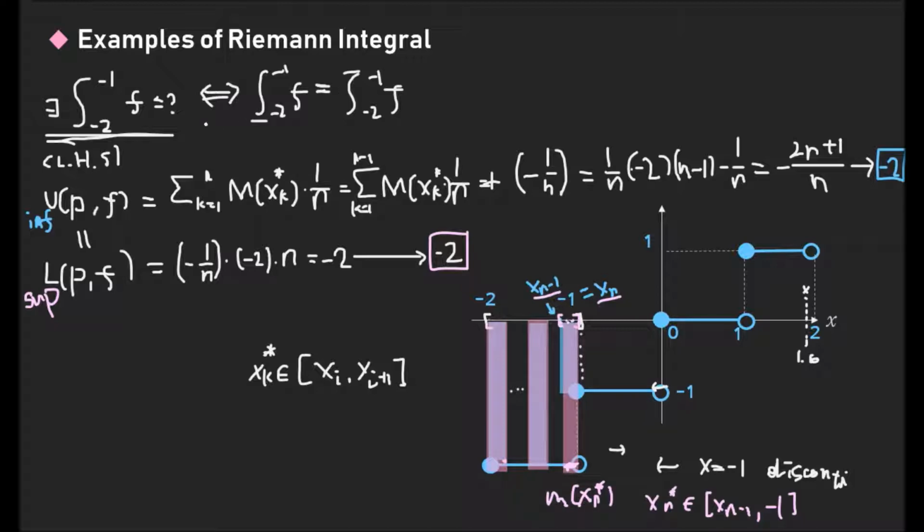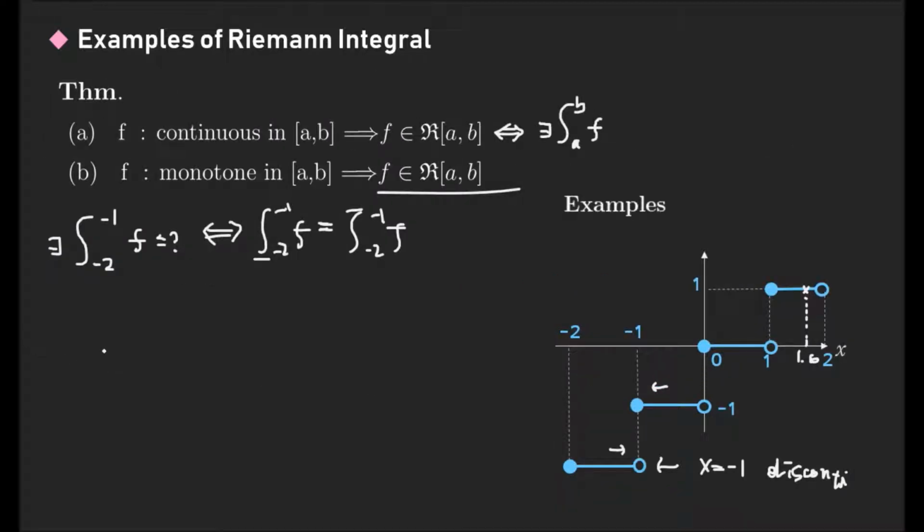So even though this point is not continuous, the function is not continuous here, regardless of the continuity, the existence of the value depends on the lower limit and the upper limit coinciding.